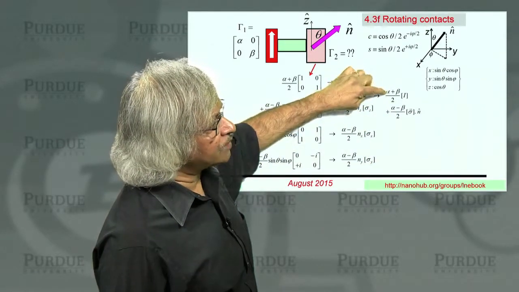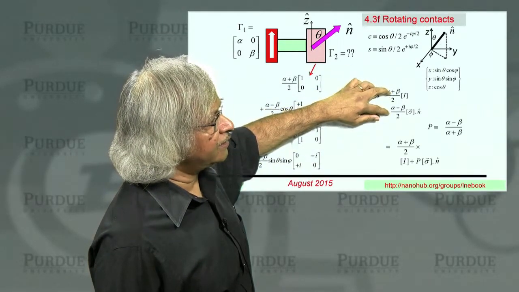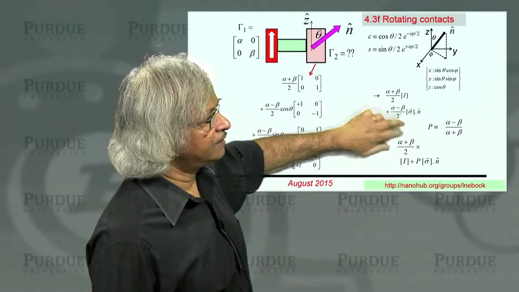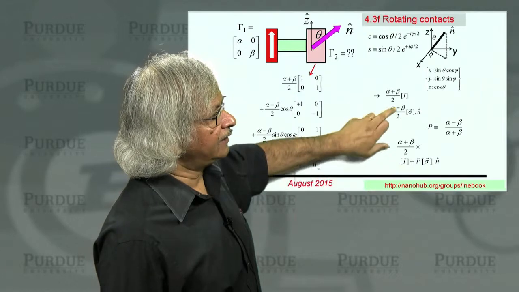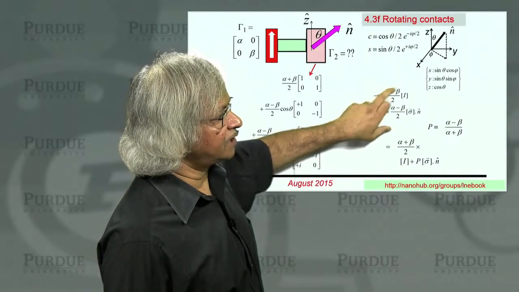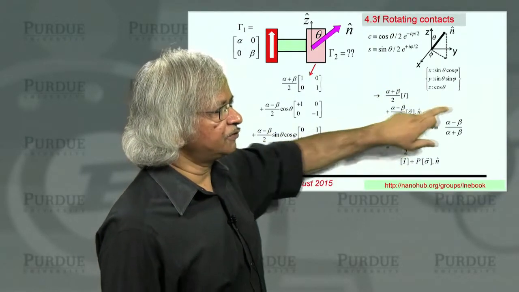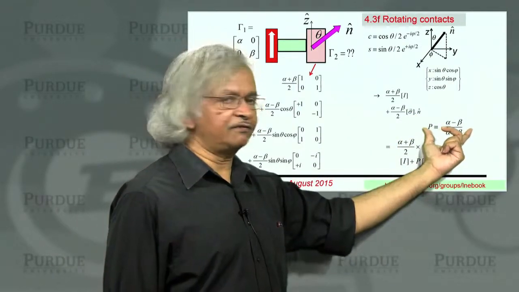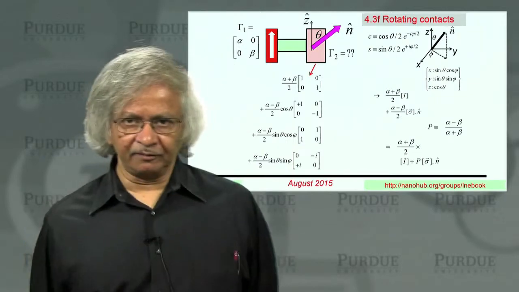And what you could do is combine those two and write it in this form. You see, you could put the alpha plus beta over 2 outside. So then you'd have I. And here you would have alpha minus beta divided by alpha plus beta, which, if you remember, in the last lecture I mentioned you usually define as the polarization of the magnet.